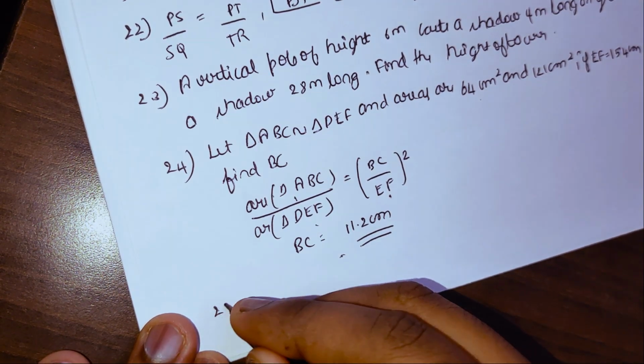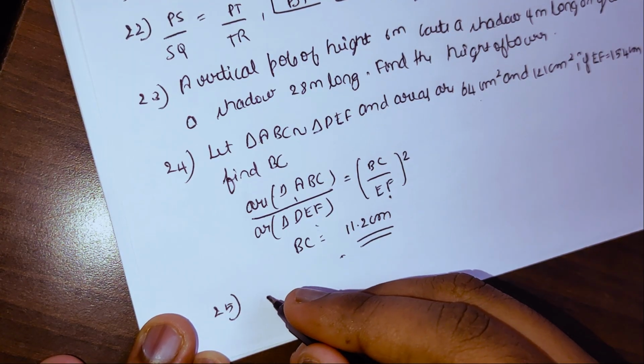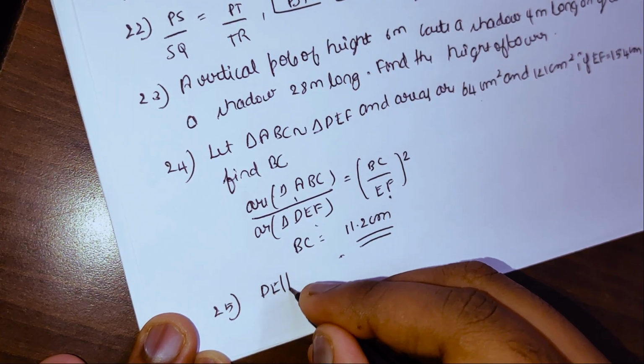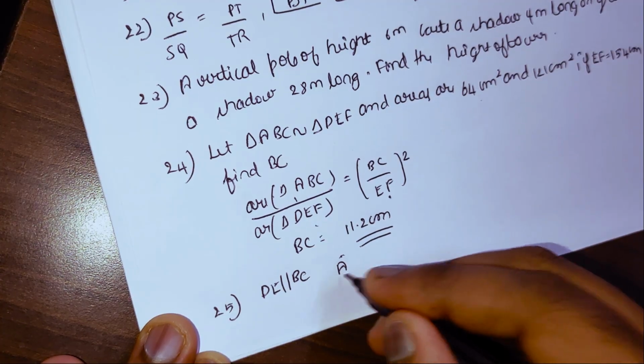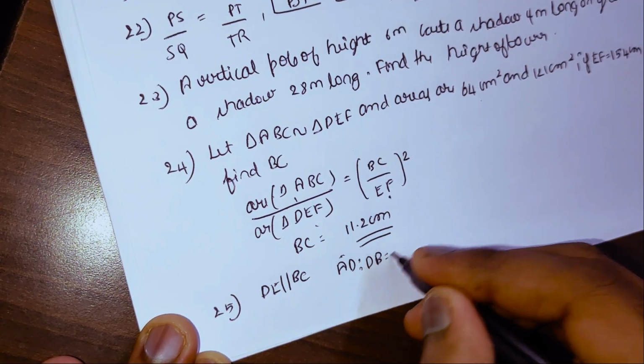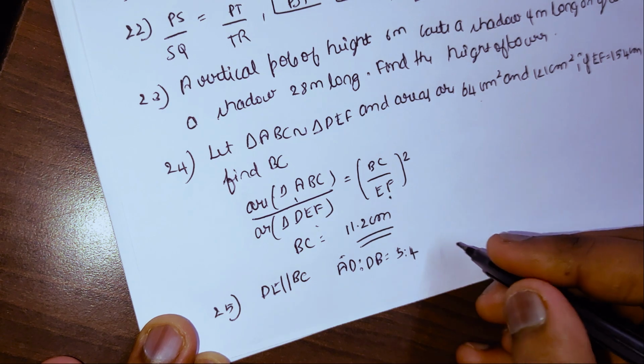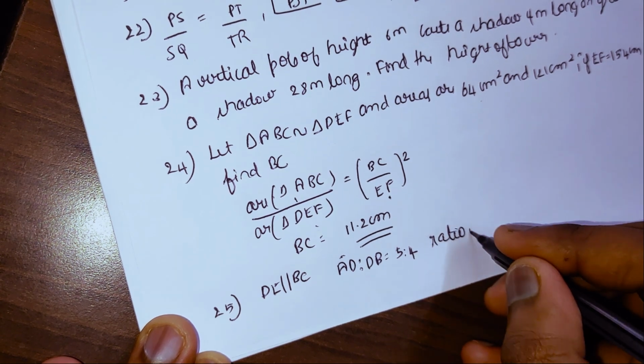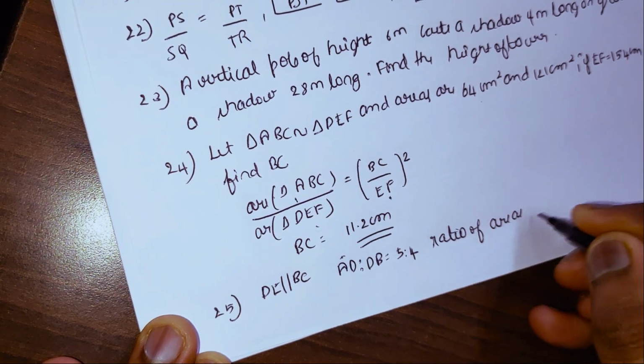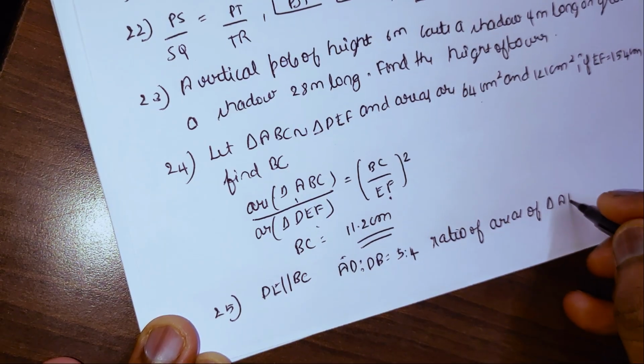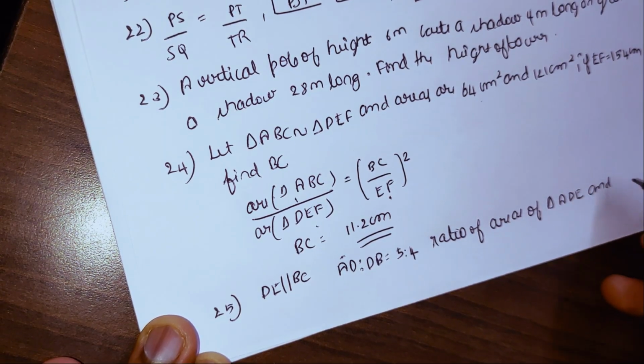25th question. DE is parallel to BC, AD to DB is 5:4. Find the ratio of areas of triangle ADE and triangle ABC.